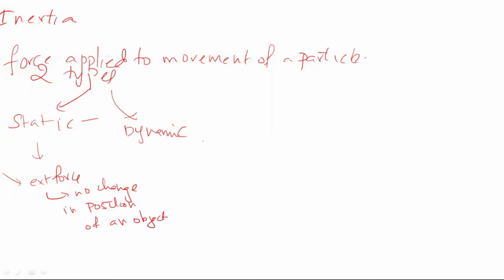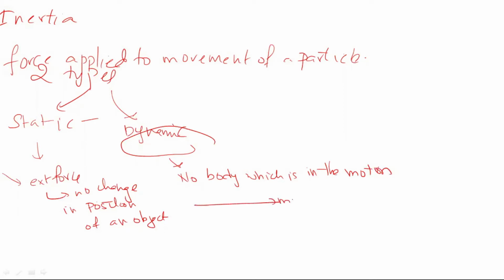Whereas dynamic inertia is that no body which is in motion always tries to move in the same direction until some net force acts on it.